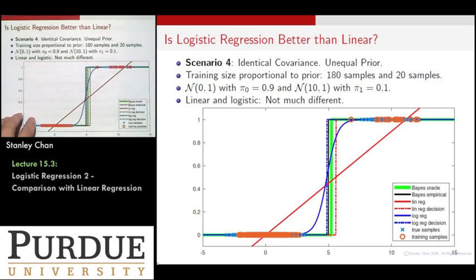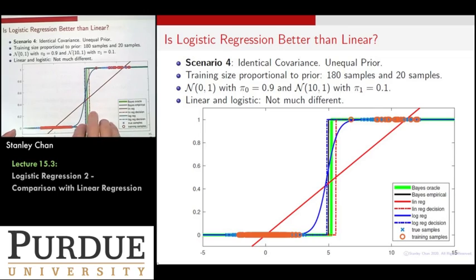And to justify this, what you want to do is really to look at the Bayesian oracle, because without the Bayesian oracle, you don't know what is the ground truth classifier that you should aim for. You cannot arbitrarily just allocate one point here and say, hi, here's an outlier. The chance of getting that outlier could be very small. So the clear benefit between logistic versus linear, to me, is not that obvious.